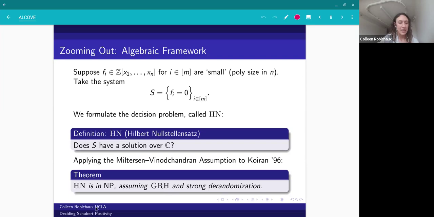This would say that for the problem of asking if a system of equations has a complex solution, I should be able to check evidence of that in polynomial time. The quirk is that you would hope you can just plug in the solution to that equation. If we are claiming that there is a complex solution, the NP test is just plugging in that solution. But the issue is that the solution you want to plug in needs to be easy and small to represent, and you have to be able to plug it in and check everything quickly. That's where the subtlety is in obtaining this result.